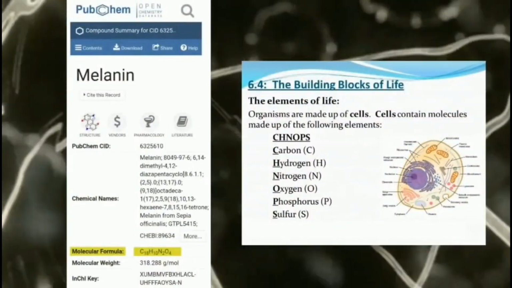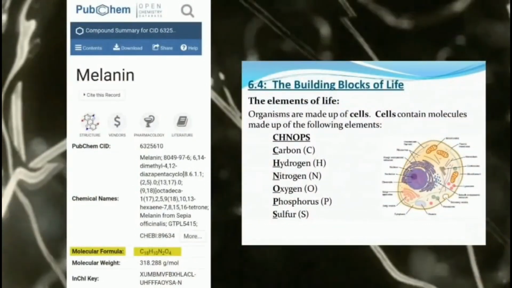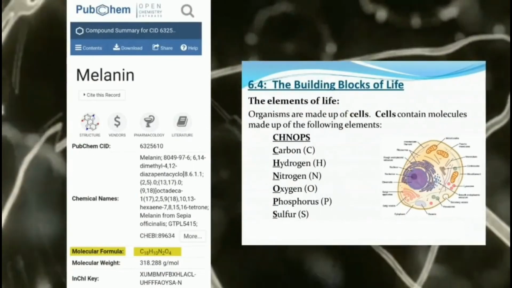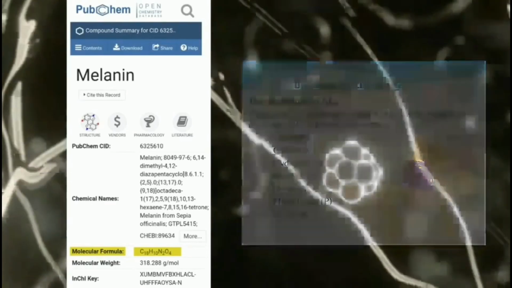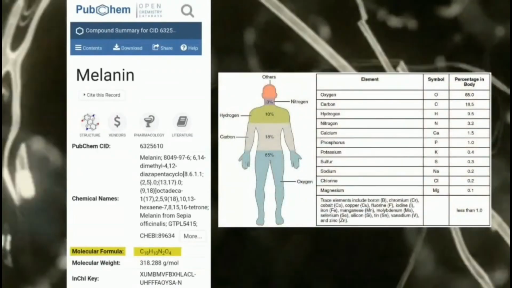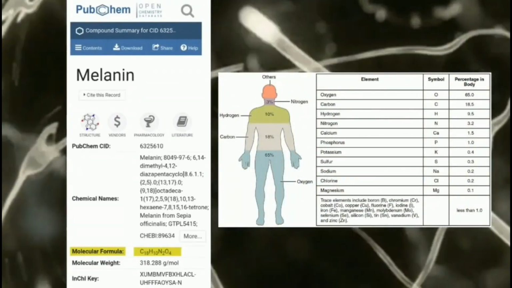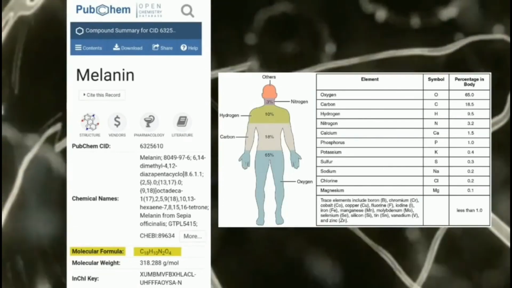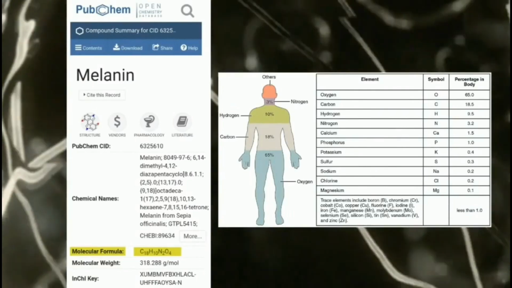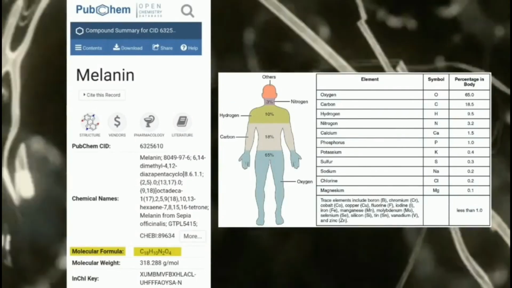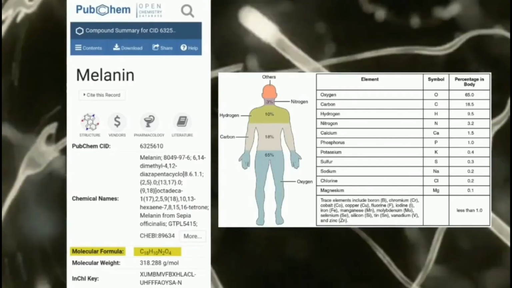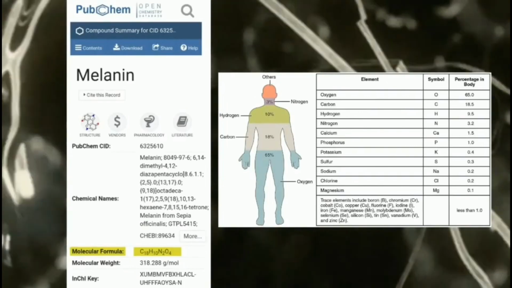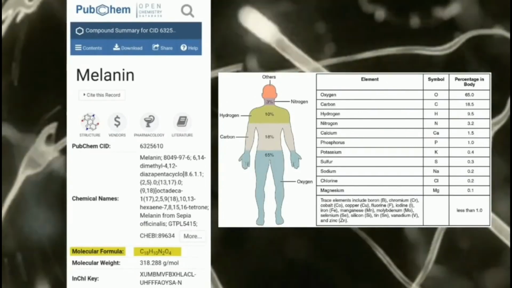They say that almost 99% of the mass of the human body is made up of just 6 elements: oxygen, carbon, hydrogen, nitrogen, calcium, and phosphorus. 4 of those can be found in the structure of melanin itself. So 4 of the major elements said to be responsible for literally composing the human body, bringing the human body together as we know it, can be found in melanin.